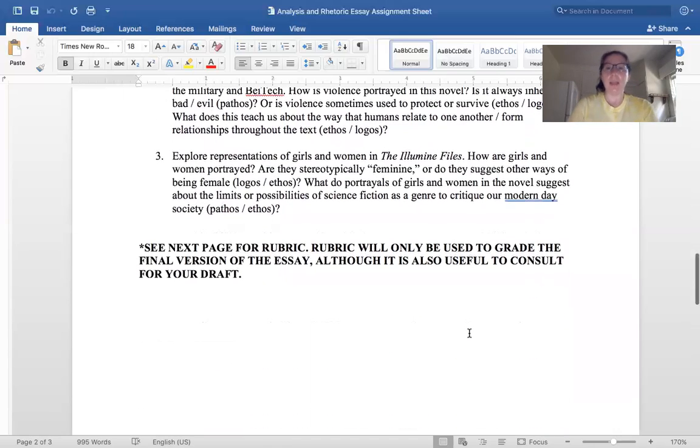Number 3, okay. Explore representations of girls and women in the Illuminae Files. How are girls and women portrayed? Are they stereotypically feminine, or do they suggest otherwise of being female?